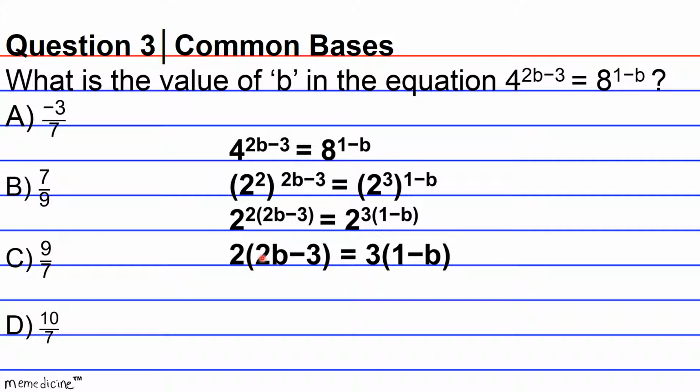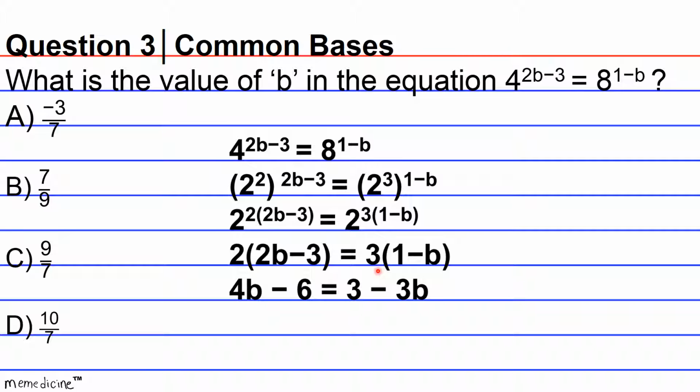So the first thing that we're going to do on the left-hand side is distribute the 2. So we get 4b minus 6 is equivalent, and then on the right-hand side, we distribute the 3. It's going to be equivalent to 3 minus 3b.